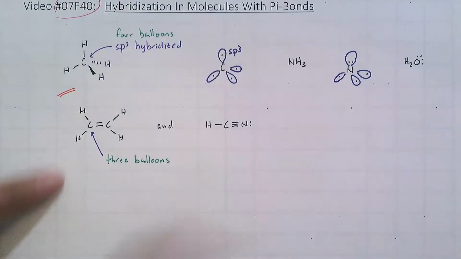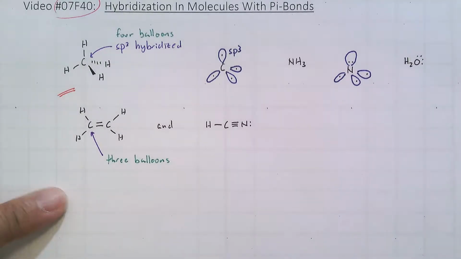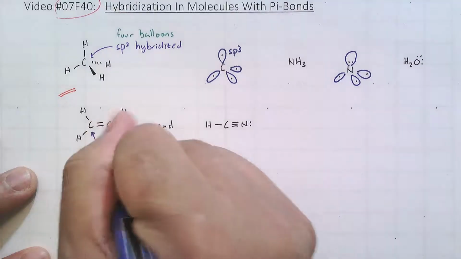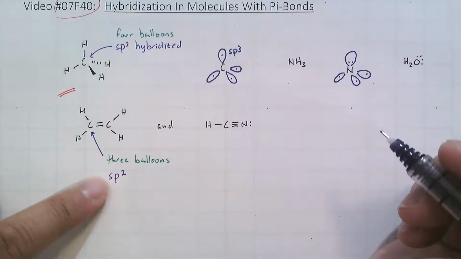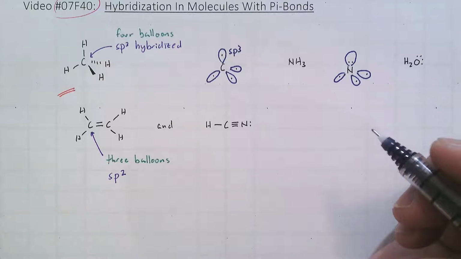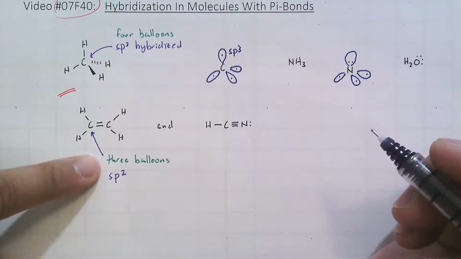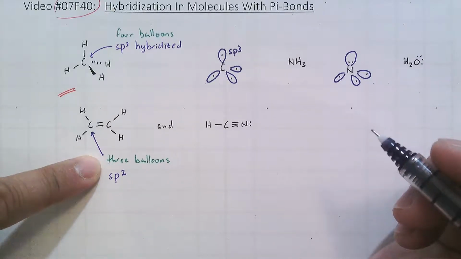All right, 3 balloons. That indicates that the hybridization is sp2 because it mixes an s, a p, and a p. 3 atomic orbitals mix to create 3 hybrid orbitals.